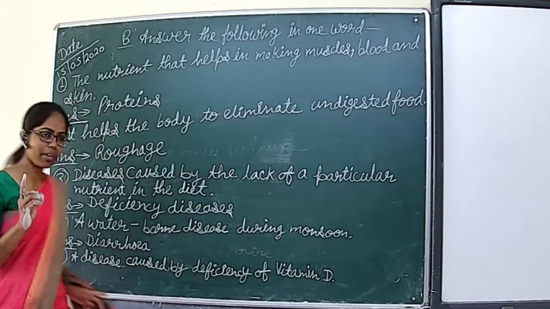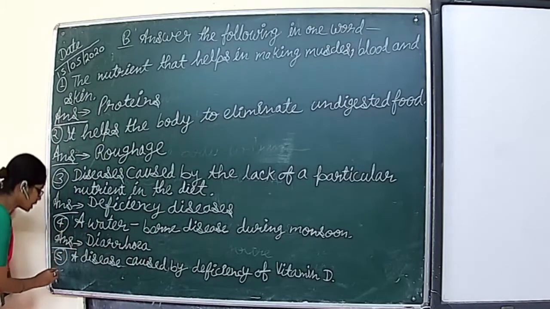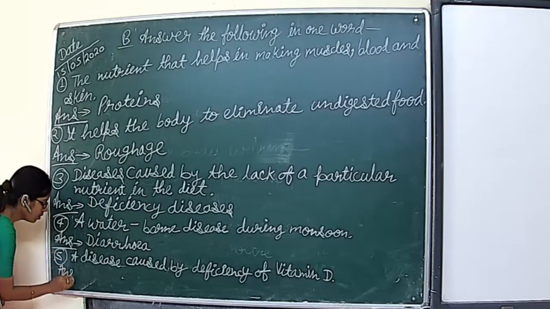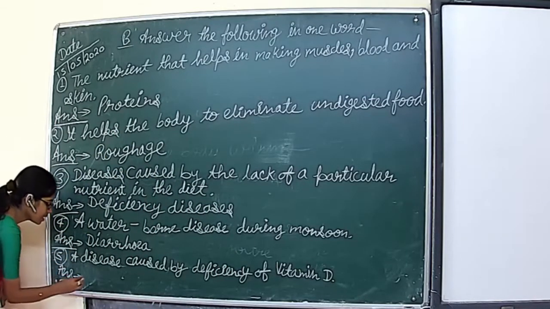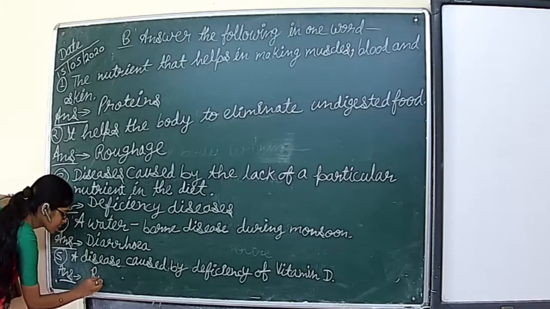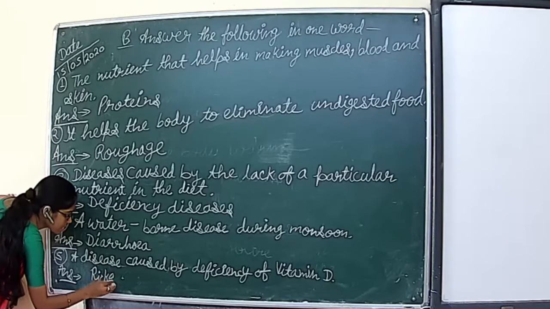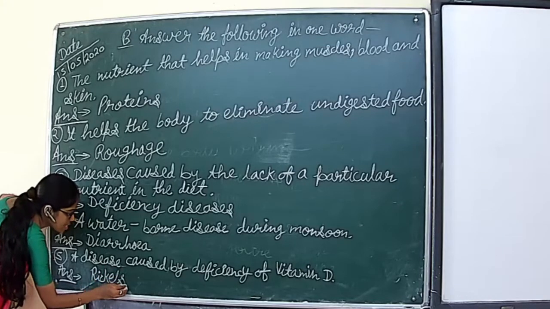Rickets. Do you remember? Yes, it is rickets. What is the name of the disease? Rickets is the name of the disease which is caused due to the deficiency of vitamin D.